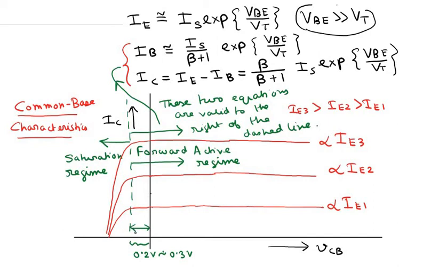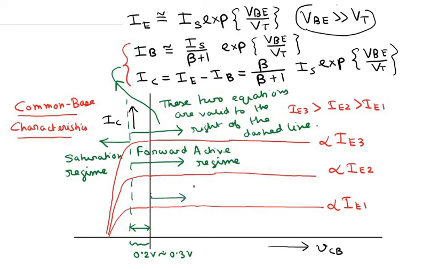Okay, and some books actually refer to the forward active mode as the regime which is only to the right of the IC axis. So in some books the forward active mode actually starts from the IC axis. Some books are of the opinion that the forward active mode should be stated as the mode where the regime of operation lies from here.